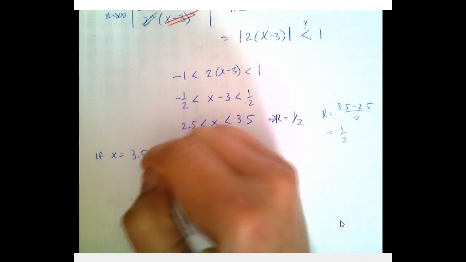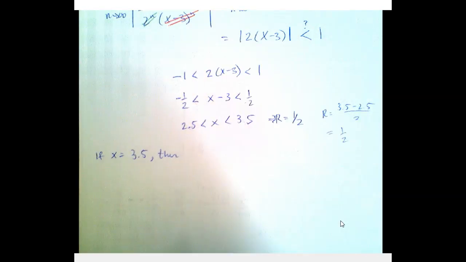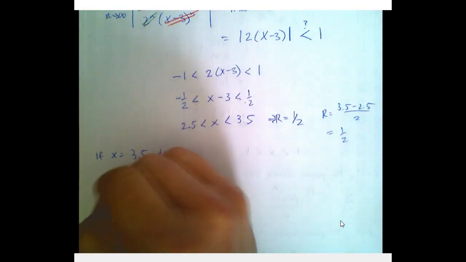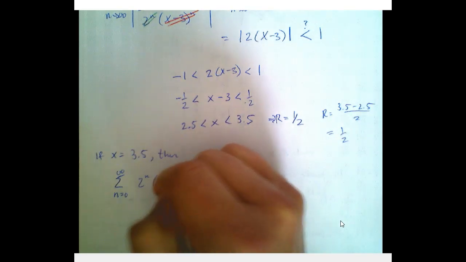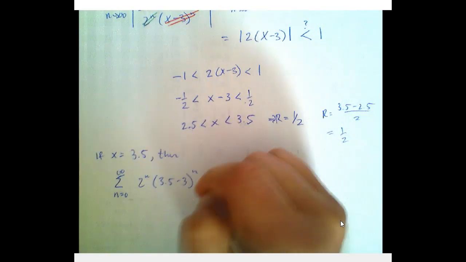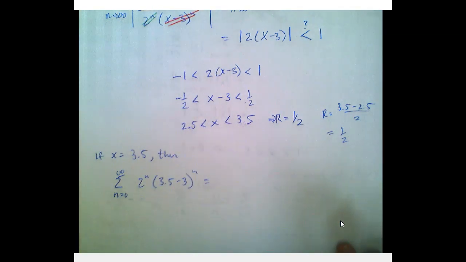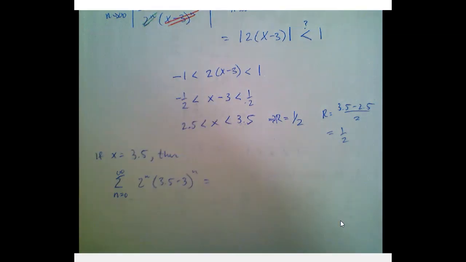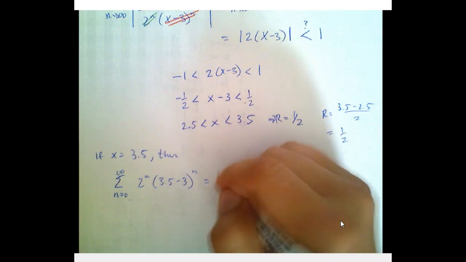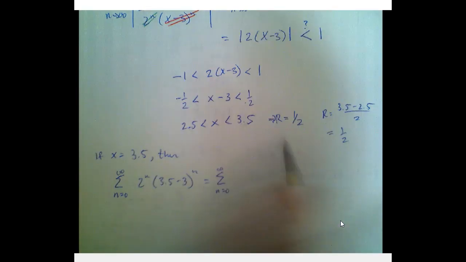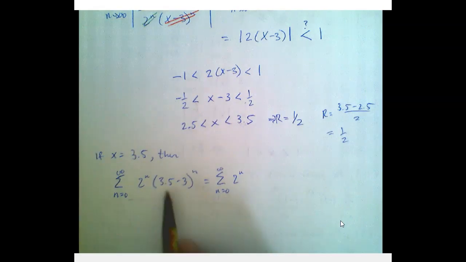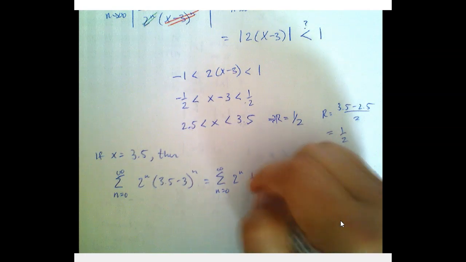If x is 3.5, then our original power series would be the sum as n goes from 0 to infinity of 2 to the n times 3.5 minus 3 to the n. Let's see about this. This is 2 to the n. 3.5 minus 3, that's a half. That's a half to the n.